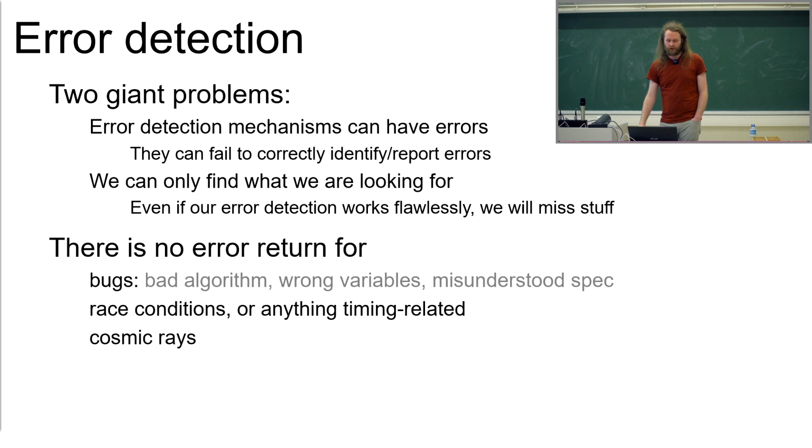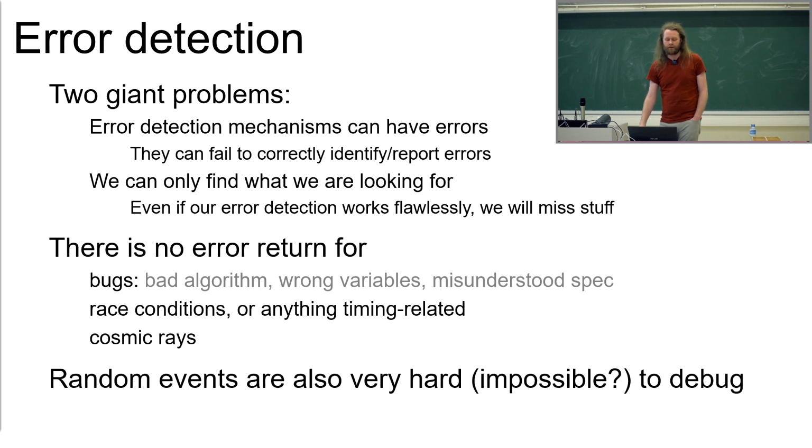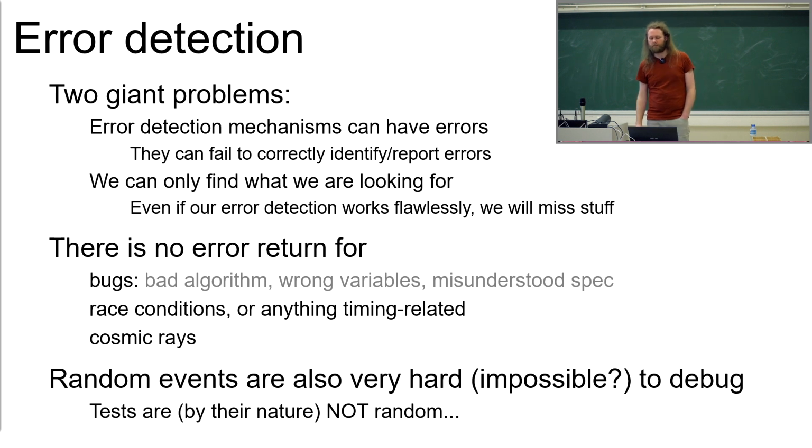And of course, there's no error return for truly random stuff like cosmic rays. So random events are also very hard to debug because of their randomness. And why are they hard to debug? Well, it's because we can't write tests for them, because tests are fundamentally, by their nature, not random. That's kind of the point.